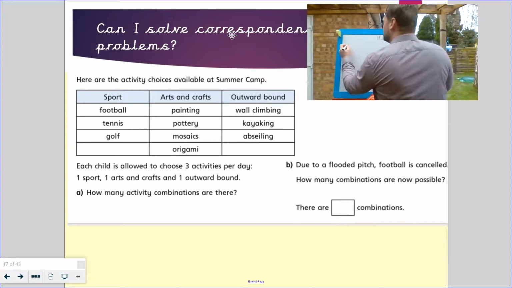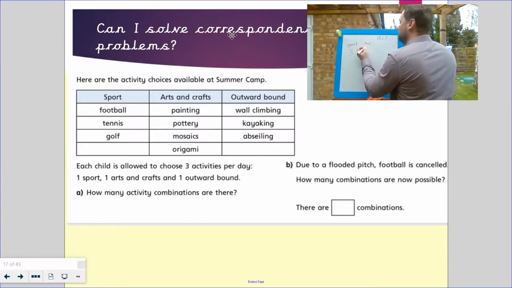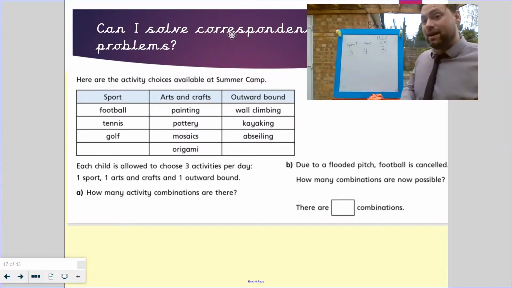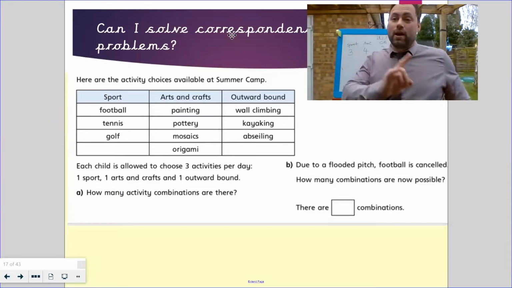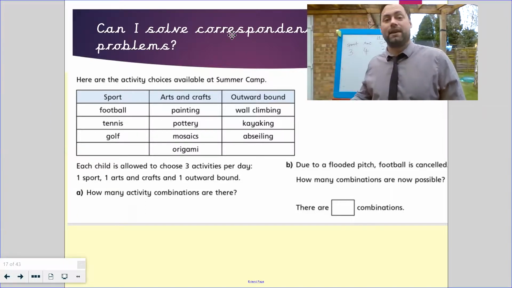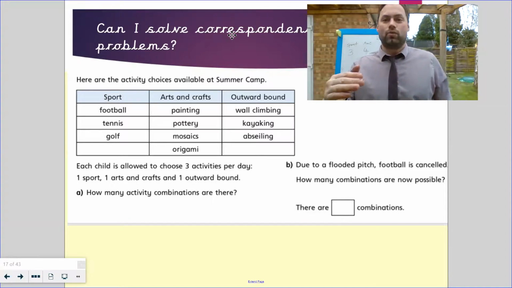Sport, we've got a choice of 3 different sports. Arts and craft, we've got a choice of 4. For outward bound, we've got a choice of 3. You're only allowed to pick 1 of each at a time. So our combination could be, let's say football, for example: football, painting, wall climbing.